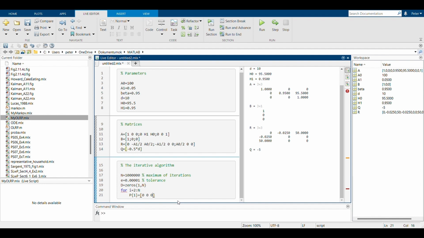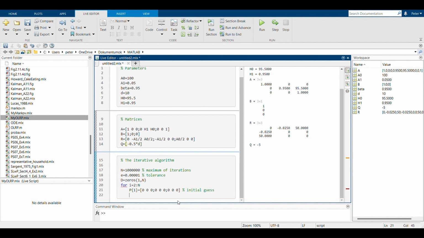So this is our initial guess in the Riccati equation. By these notations we can create a numbered sequence of matrices.